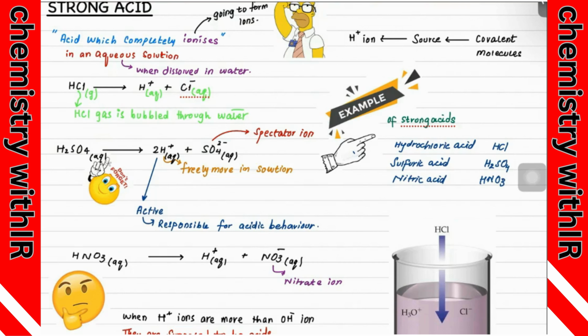To face this problem, you are supposed to memorize which acids are stronger and which are weaker. So here is a solution. Only these acids are stronger, unless the examiner gives you any other acid.